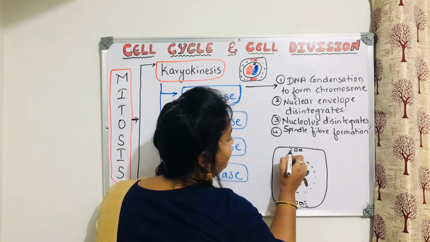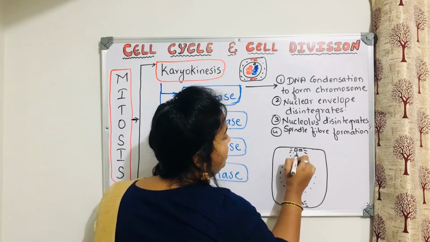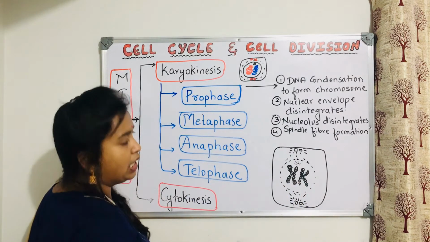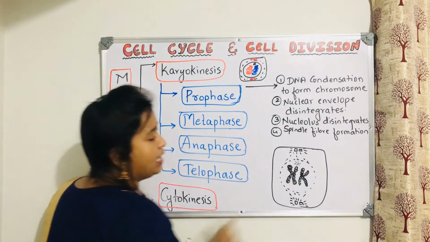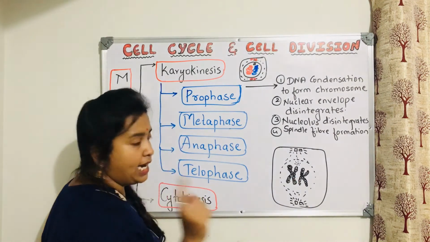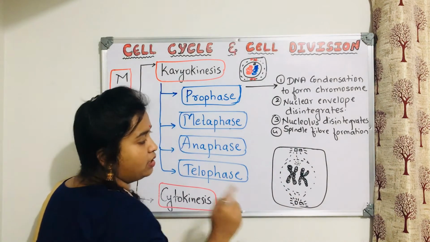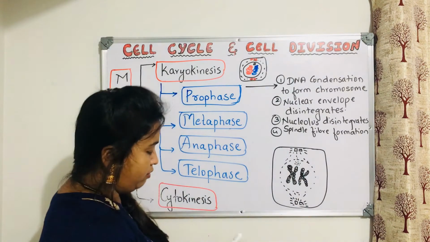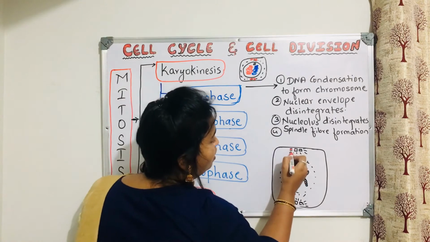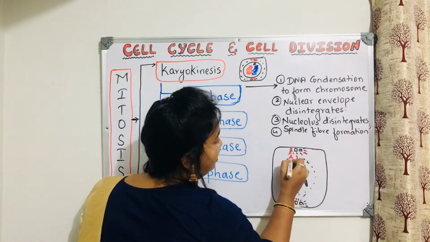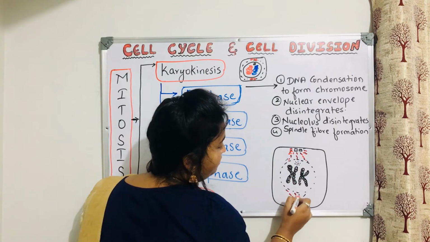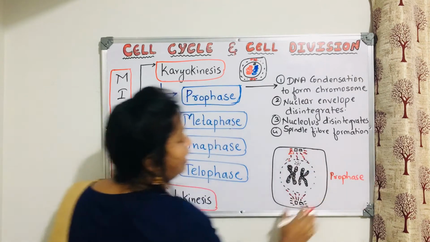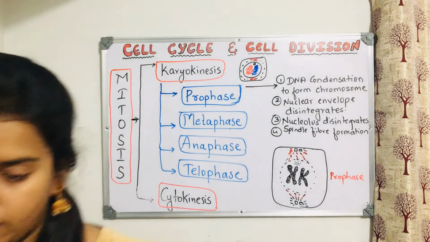Centriole duplication was done, and now the spindle fiber formation has started, like this. Clear? So the first thing is DNA got condensed to chromosome. Second, nuclear envelope disintegrating. Third, nucleolus disintegrating. Fourth is spindle fiber formation. I will show spindle fiber with red. Like this, it has started forming. So this is the diagram of prophase. Please take down the diagram and write that down.